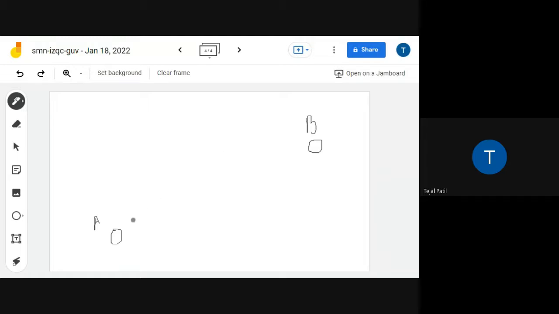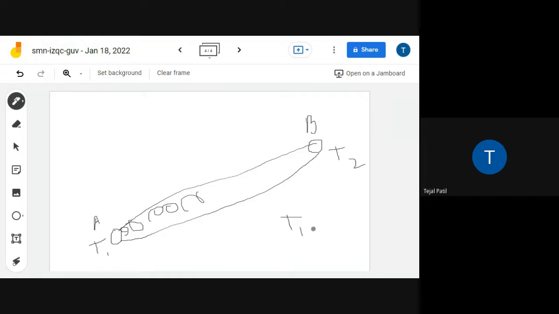So in the conduction, let's say you are having a rod, a bigger rod, and this rod is made of a number of small atoms. So what will happen over here? Let's say here you are having temperature T1 and here temperature T2. T1 is greater than T2. So what will happen?